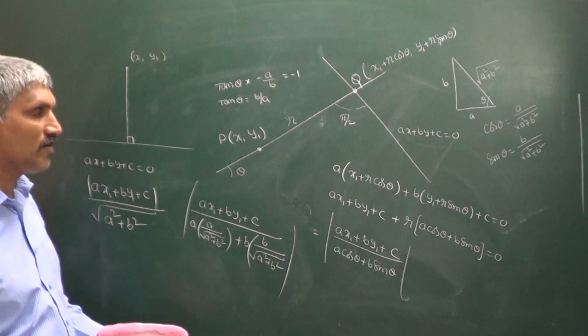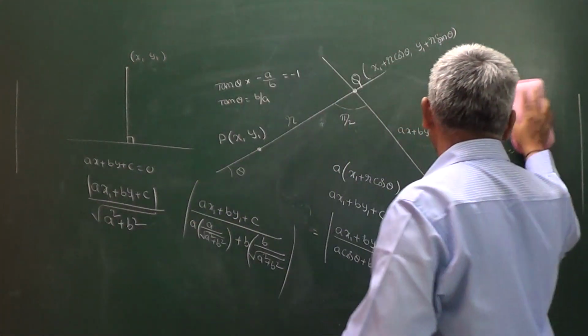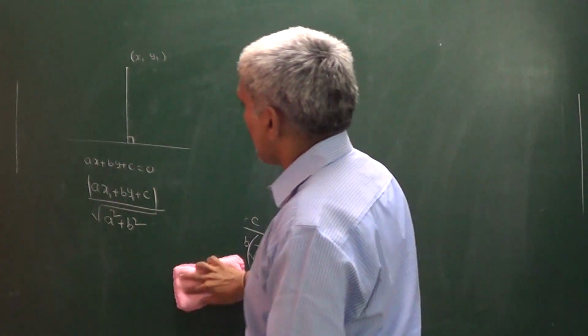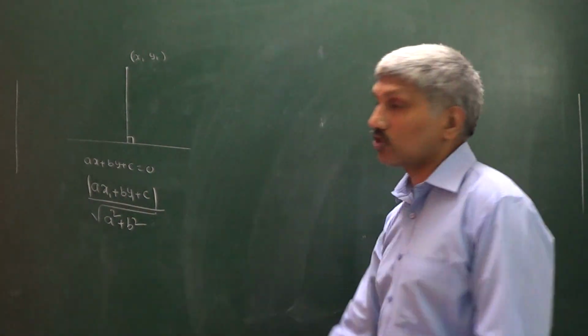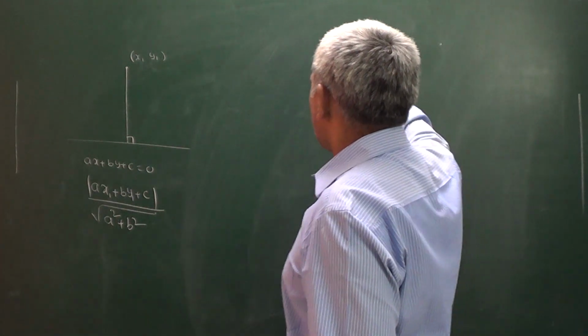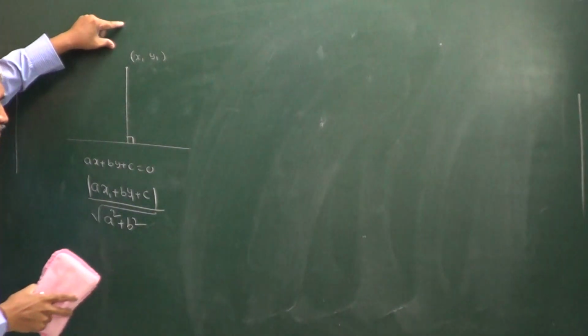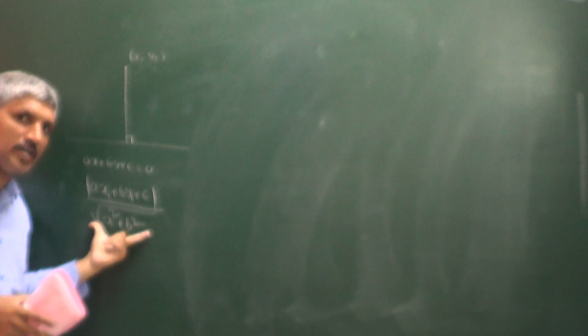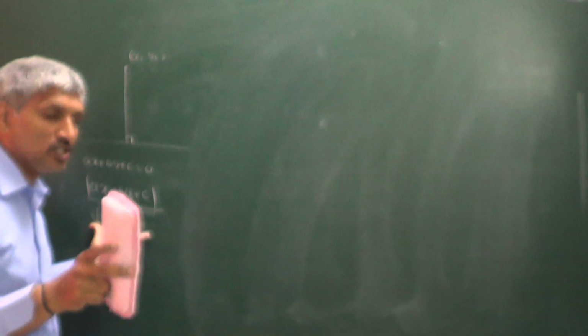This is the formula for finding the perpendicular distance from a point x1, y1 onto the line ax plus by plus c is equal to 0. How to find the perpendicular distance? Very easy to remember.